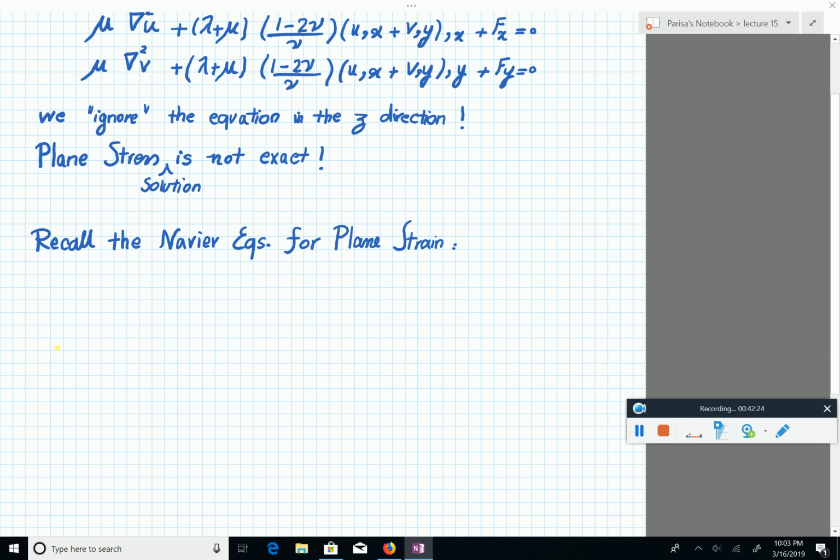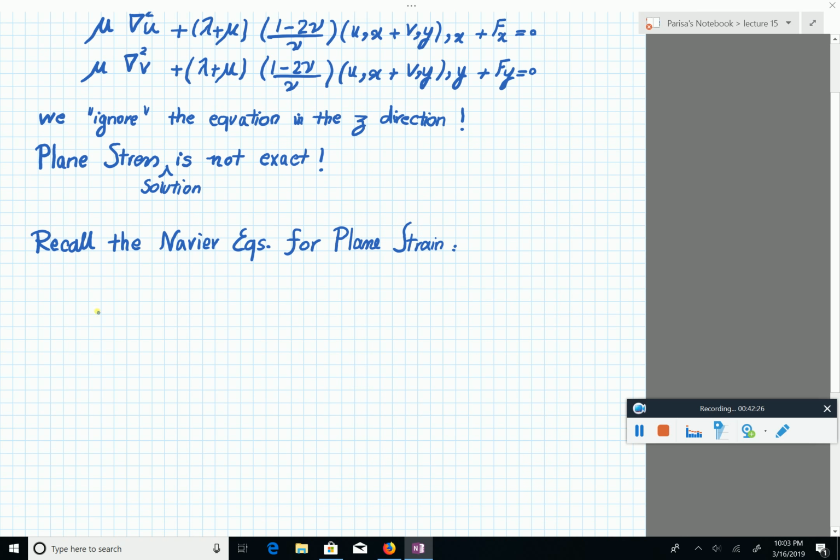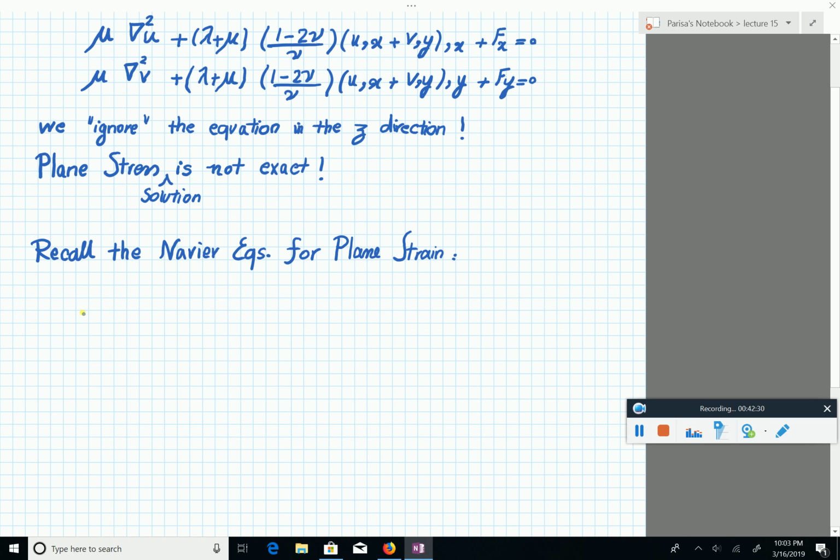We have mu Laplacian u plus lambda plus mu times (u,x plus v,y),x plus fx equal to 0.